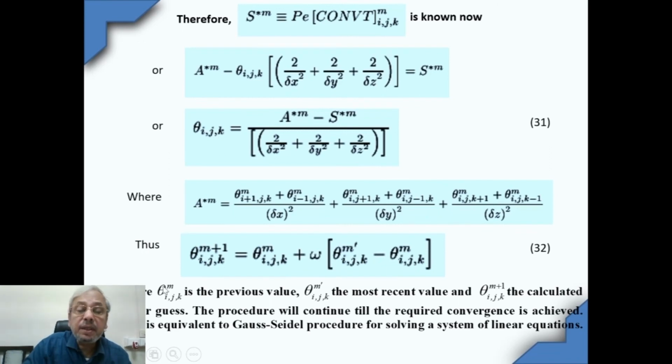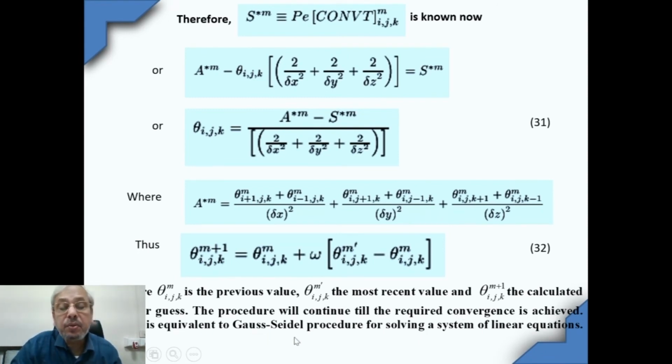So we have written, in order to describe equation 32, that theta ijk m is the previous value, theta ijk m prime is the most recent value calculated from equation 31, and theta ijk m plus 1 is the calculated better guess. So it is an even more improved guess when we are trying to converge to the steady state temperature. The procedure will continue till the required convergence is achieved.